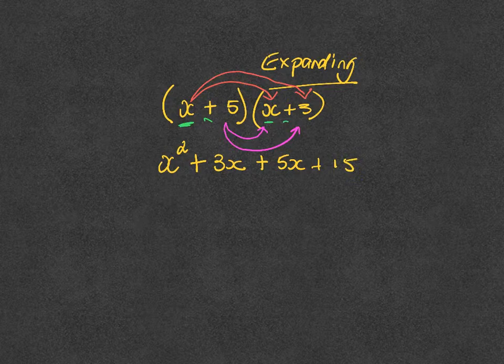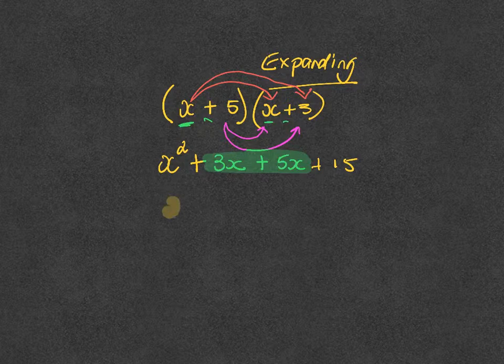We're going to go slightly a bit further because what we want to do is now simplify. So this answer is correct as it is, but we want to simplify. So we need to find like terms. In that case, these are our like terms. So let's rewrite it.